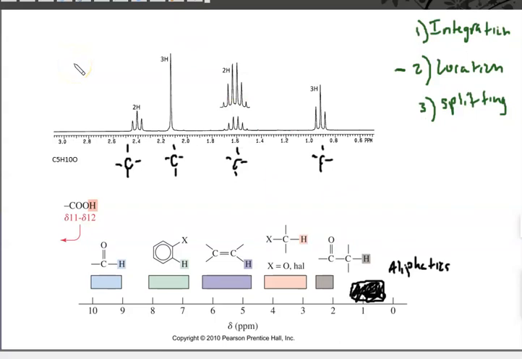Okay, so one of the things that I like to do first, even before this, so obviously these 3 things are important. But the other thing I like to do, which I think helps out quite a bit, is to try to think about what the possible functional group of the molecule is before I even do anything. Okay, so I look at my formula: C5H10O.